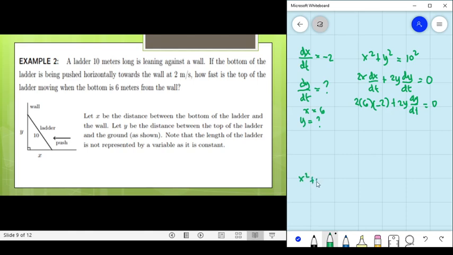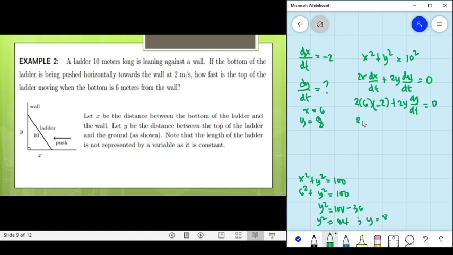Using x squared plus y squared equals 100, since x is 6, we have 6 squared plus y squared equals 100. So y squared equals 100 minus 36, which is 64. The square root is 8, so our y is 8.